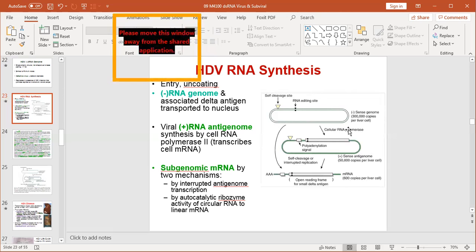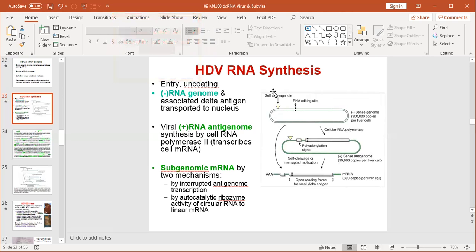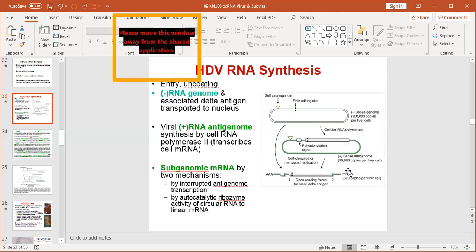Then via the action of cellular RNA polymerase, or RNA pol 2, we make a positive copy of this negative strand, and we have about 50,000 of these positive sense antigenomes per liver cell. And both the negative sense and the positive sense genome have these self-cleavage sites that ribozyme can cut and make a linear mRNA. So these are the three types.